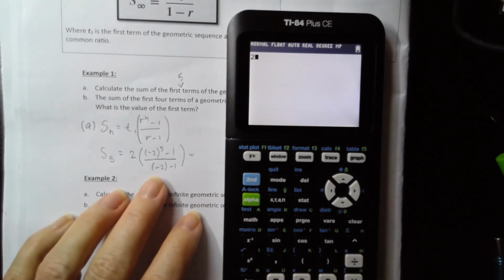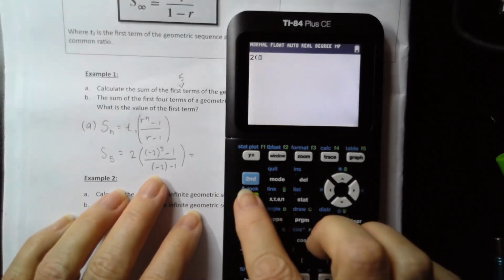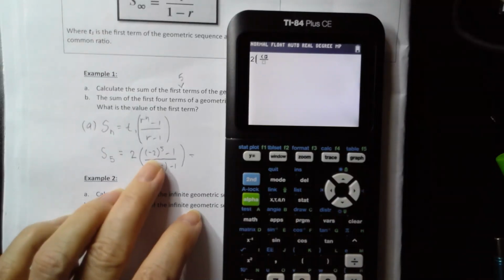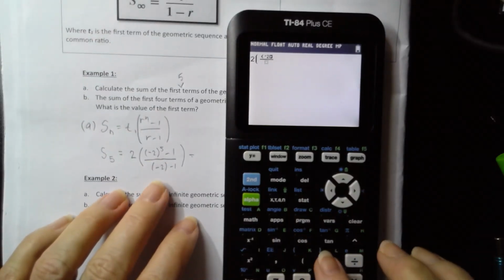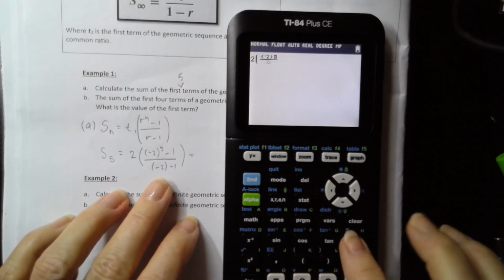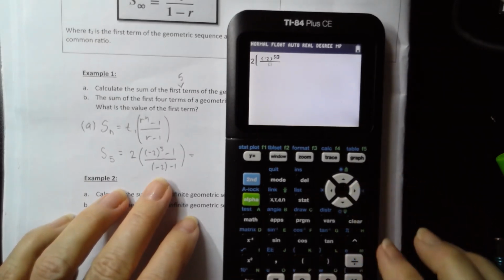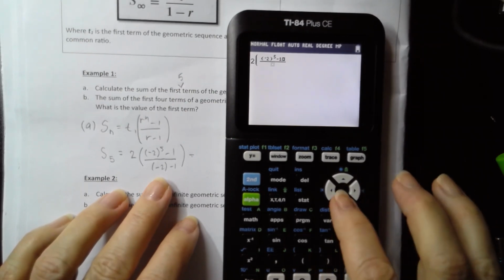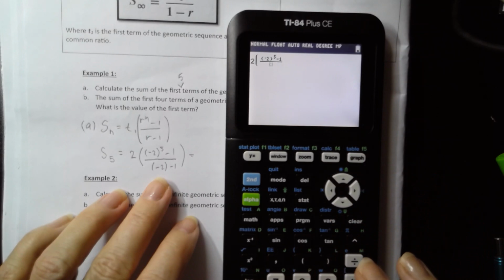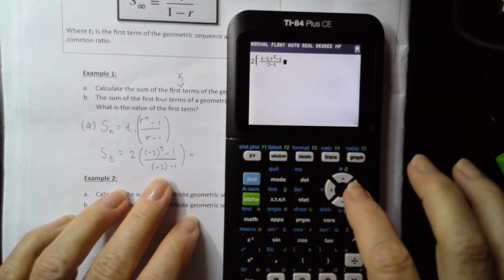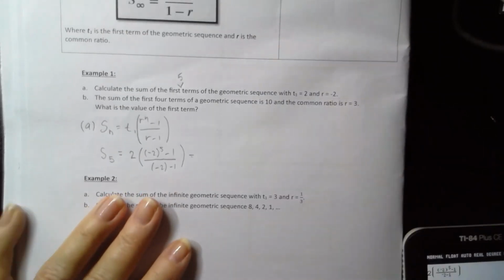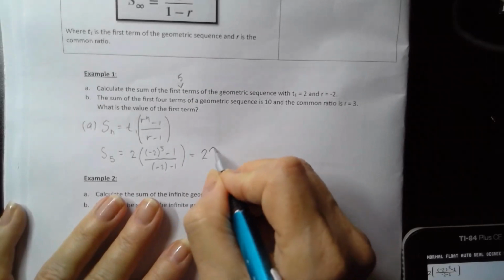I'll go 2 bracket, and I'm going to use my fraction there, and you have to use brackets here, or you're not going to get it right, -2 to the 5th, minus 1. And I'll go down here and put -2 minus 1. I'm going to go over and end that bracket. I get 22. Well, it's just using a formula.